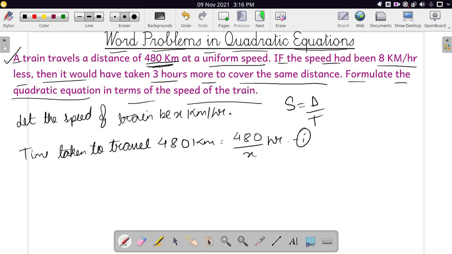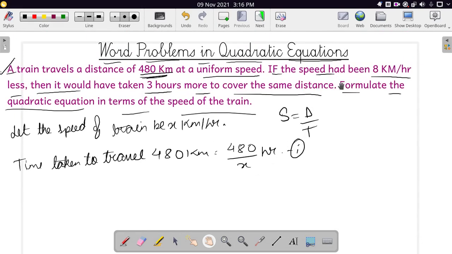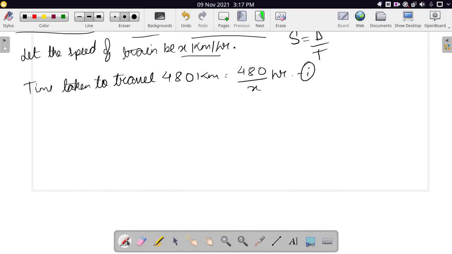Now let's come to the second part. The second part here says, if the speed had been 8 km per hour less, this was our speed of the train. Now it's saying that the speed needs to be 8 km less than x, then it would have taken 3 hours more to cover the same distance. So that means we have another thing that we can write. What can we write here?